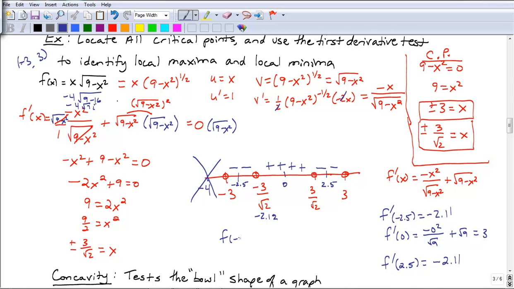If you were to plug in negative 4 or 4, which could be another test point you use out here, notice in both cases when you plug them into the derivative, negative 4 squared is 16.